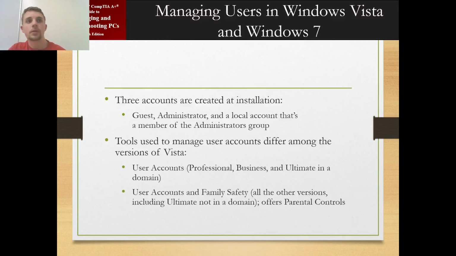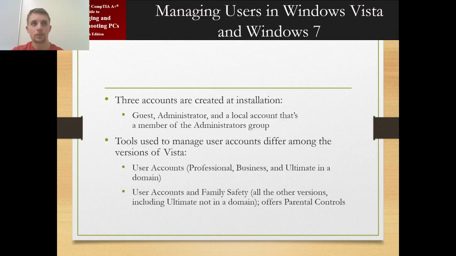User accounts and family safety is an applet that got introduced in Vista, and that was if you had a computer that was on a workgroup and not on a domain. And the idea behind that was like if you had a home PC and you had a PC that you shared with your kids or whatever, it was sort of like the equivalent of Windows 7 parental controls.